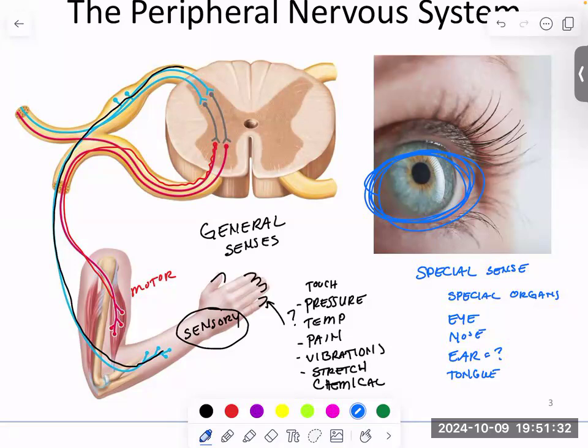The tongue, what is it detecting? Taste, chemicals. Nose detects chemicals. Eyes detect light. Ears detect fluids moving. We'll talk about that.